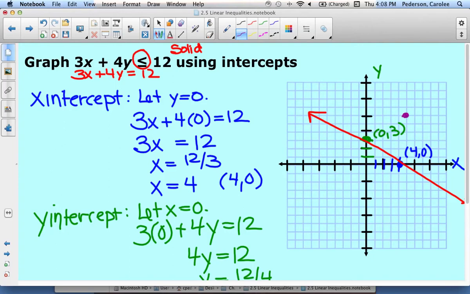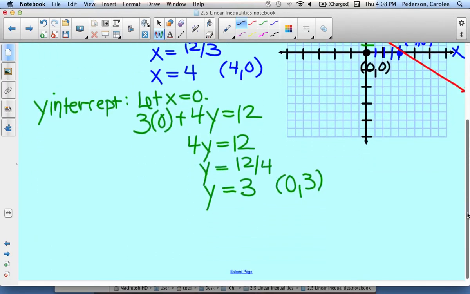So I'm going to choose the point 5, 6, which is above. And then I'm going to choose the point 0, 0, which is below. And I'm going to substitute it into my inequality. So here's my inequality.